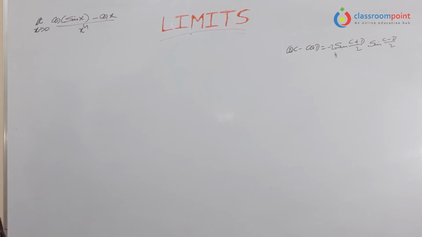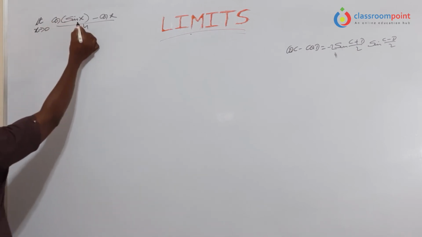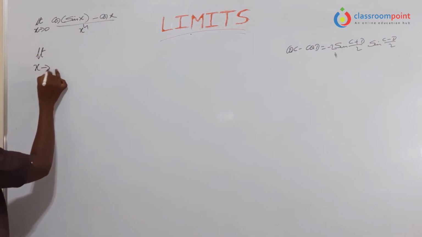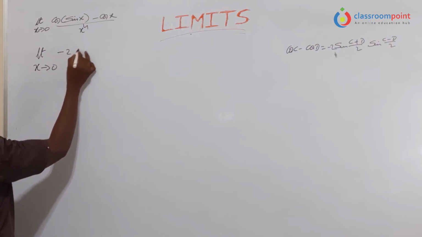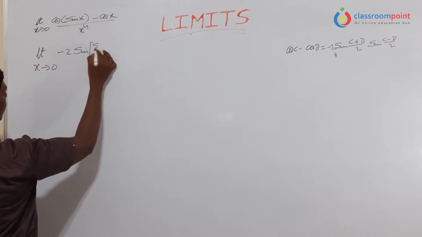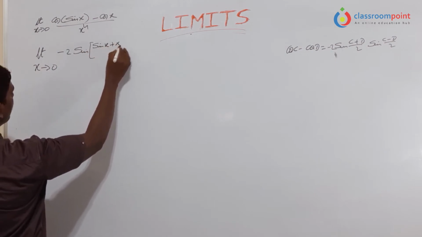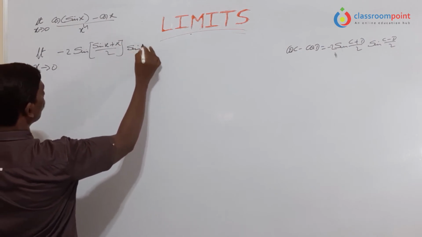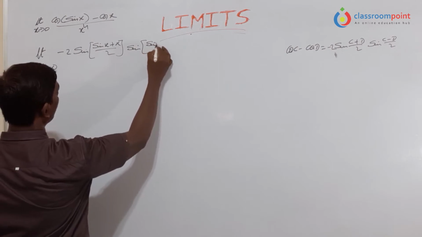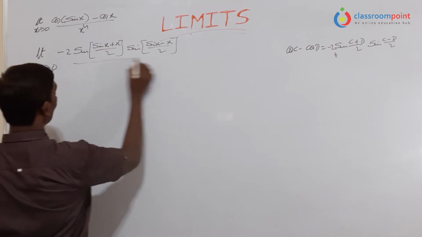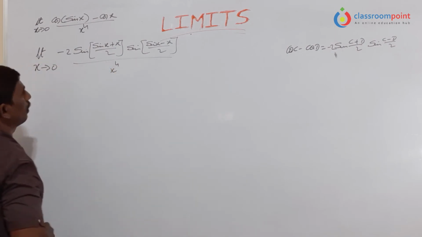Now what will we do here? This is C, this is D. Limit x tends to 0 of minus 2 sine (C plus D)/2, that means sin x plus x by 2, into sine of (sin x minus x)/2, the whole divided by x power 4.